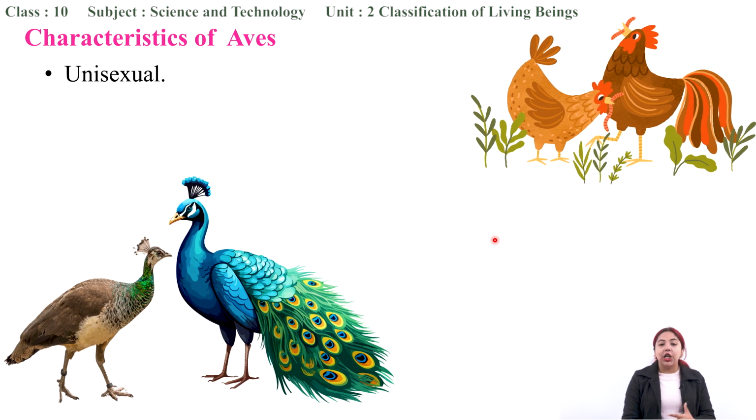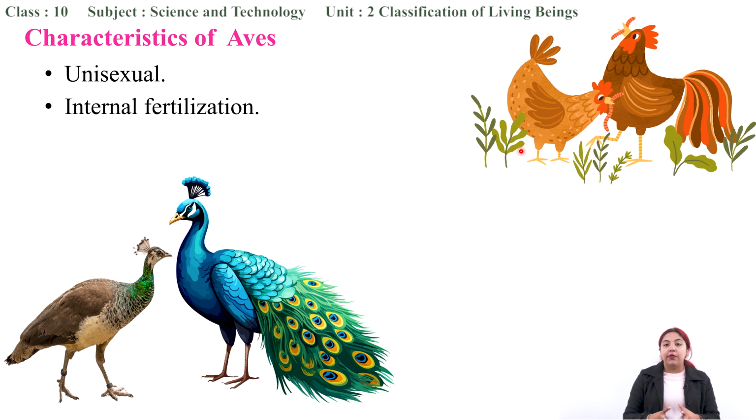Now they are unisexual organisms, that is the male and female reproductive organs are present in different organisms. As you can see over here, this is a male chicken and this is a female chicken. This is a male peacock and this is a female peacock. They are unisexual.